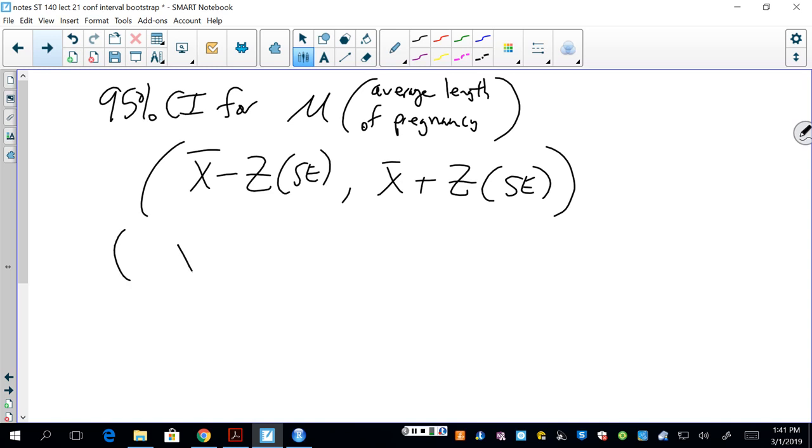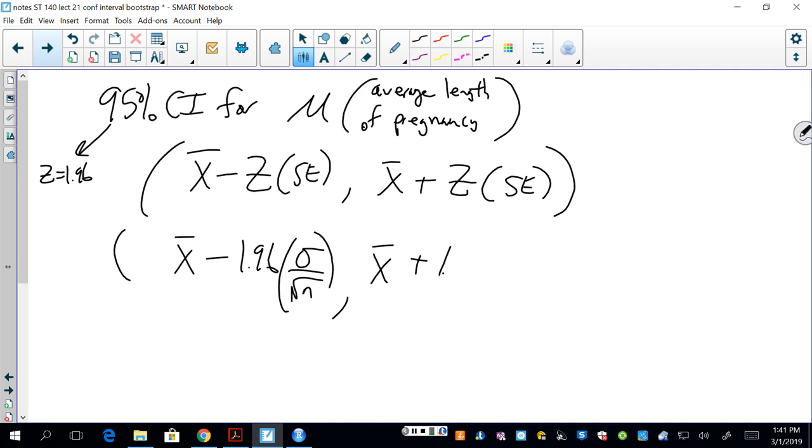In this case, it's x bar for 95%. That's where we get the 1.96 value. And dealing with x bar, the standard error we're going to use right now is sigma over the square root of n, up to x bar plus 1.96 sigma over the square root of n. And that's going to be our 95% confidence interval where we think the population average is.